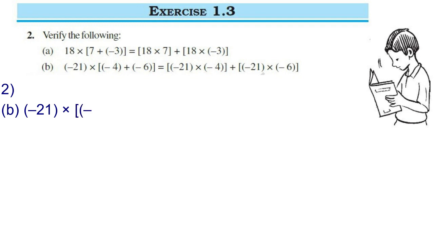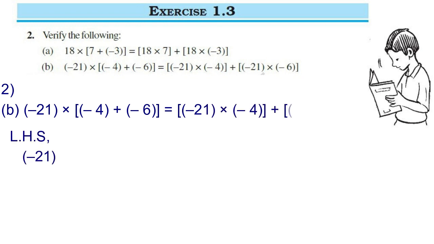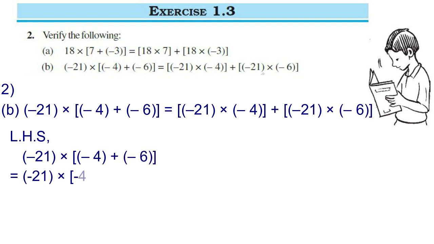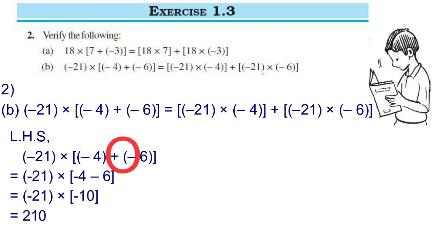If we consider the left hand side, minus 21 into (minus 4 plus of minus 6) equal to, we can write minus 21 into (minus 4, plus into minus equal to minus 6).